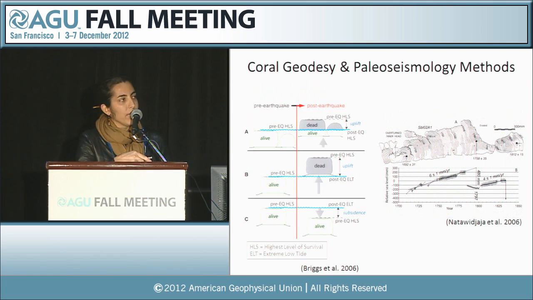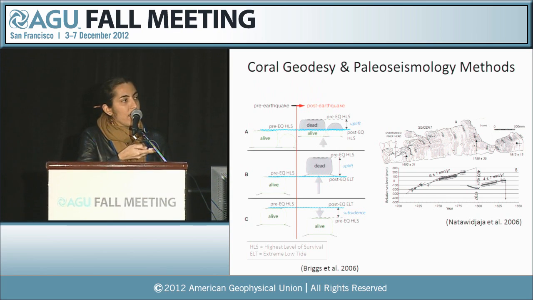In cross-section, we can see annual bands, which are similar to tree rings. And in the first part of this record, we can see that the coral is growing higher and higher every year, an indication of gradual tectonic subsidence of about 6 millimeters a year. We can then identify and measure a coseismic uplift, another period of subsidence, and then a second uplift.